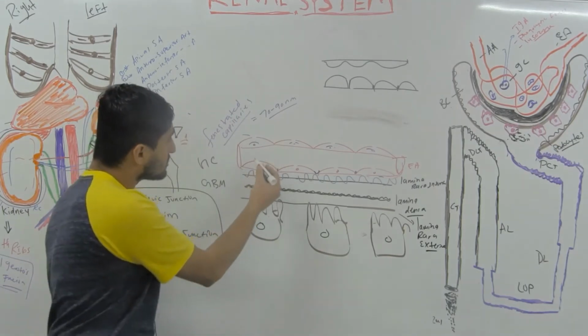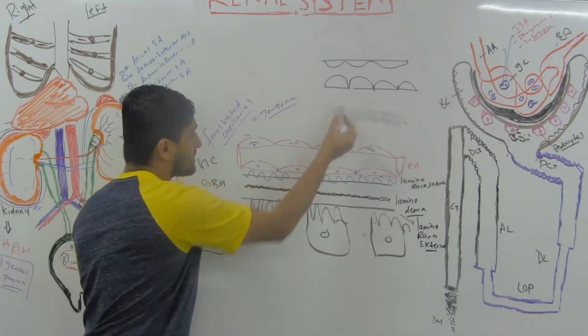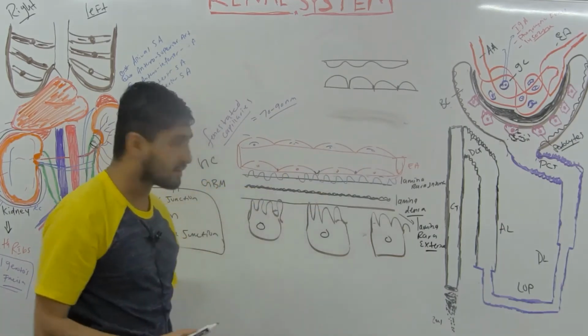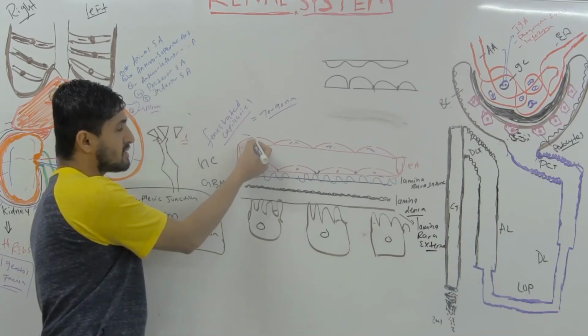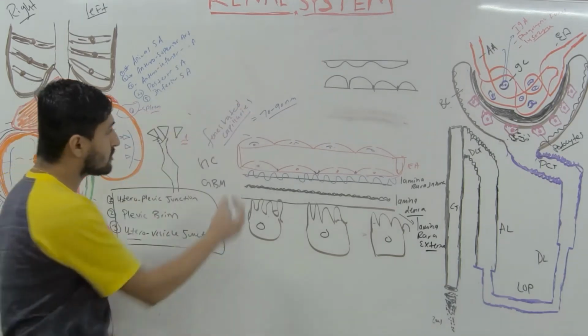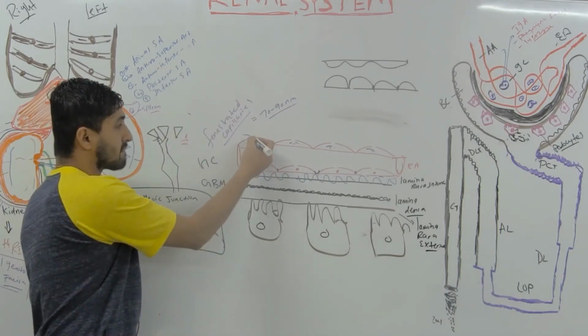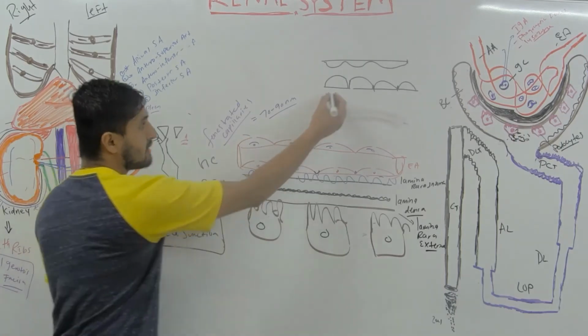You could say this is not fenestrated but continuous capillaries. You could think that this is the intercellular cleft.